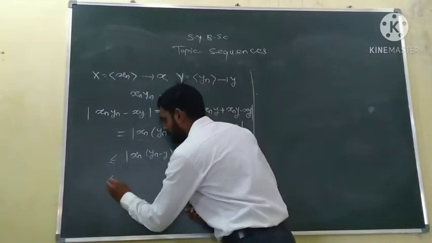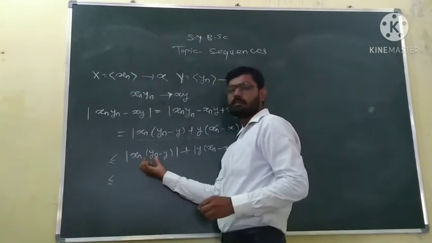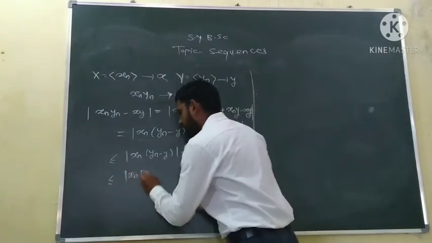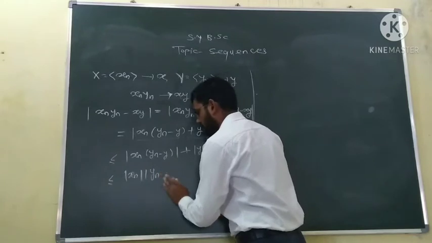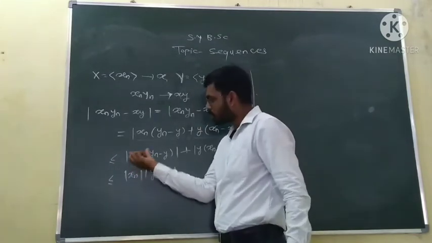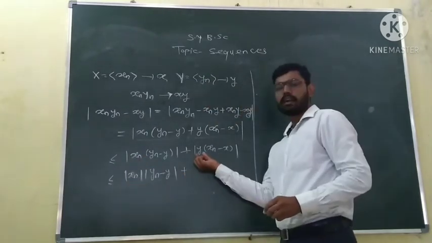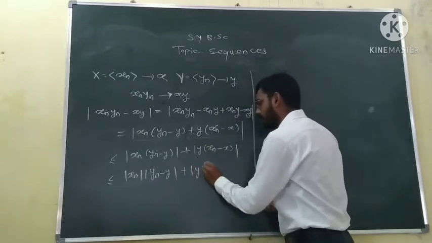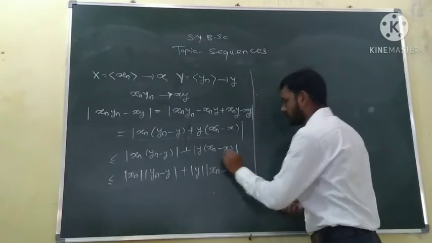So this is less than or equal to mod of xn into mod of yn minus y, plus mod of y into mod of xn minus x. We have taken xn and y outside, but in modulus.